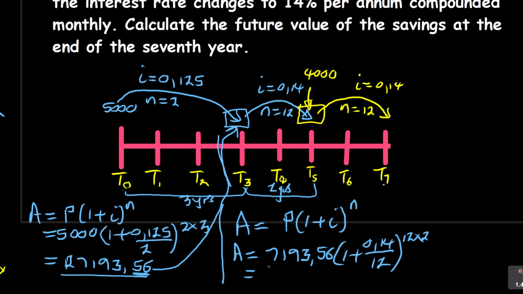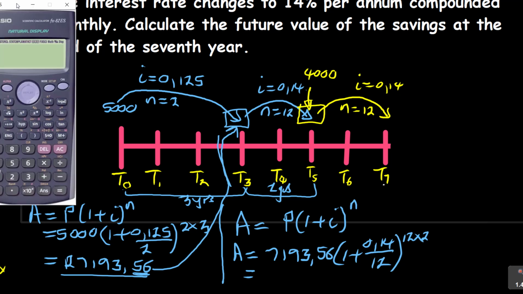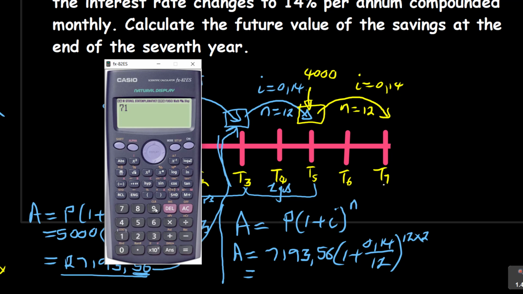I get that amount. It will give me the money that will be in the account before Ethan deposits the 4,000. So I'll say 7193,56, put a bracket, and then 1 plus 0.14 divided by 12, close the bracket, and then raise it to the power of 12 times 2. Are you with me? Equal to, then I get this.